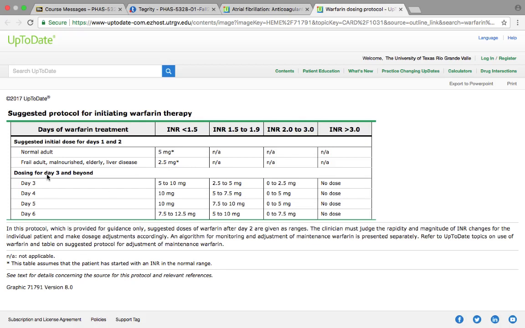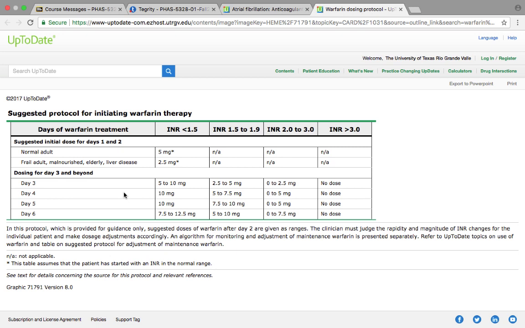Then you go on to dosing day 3 and beyond. You give 5 milligrams for 2 days, and then on day 3 you're going to give different strengths depending on their INR. If the person comes back on day 3 with an INR of 1.5 to 1.9, then your next dose would be anywhere from 2.5 to 5 milligrams, and so on and so forth.